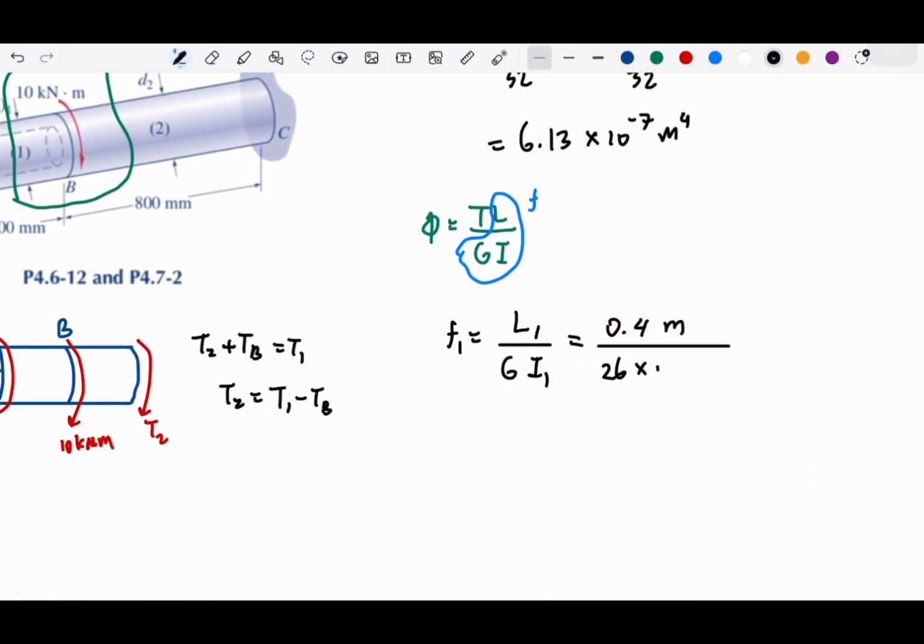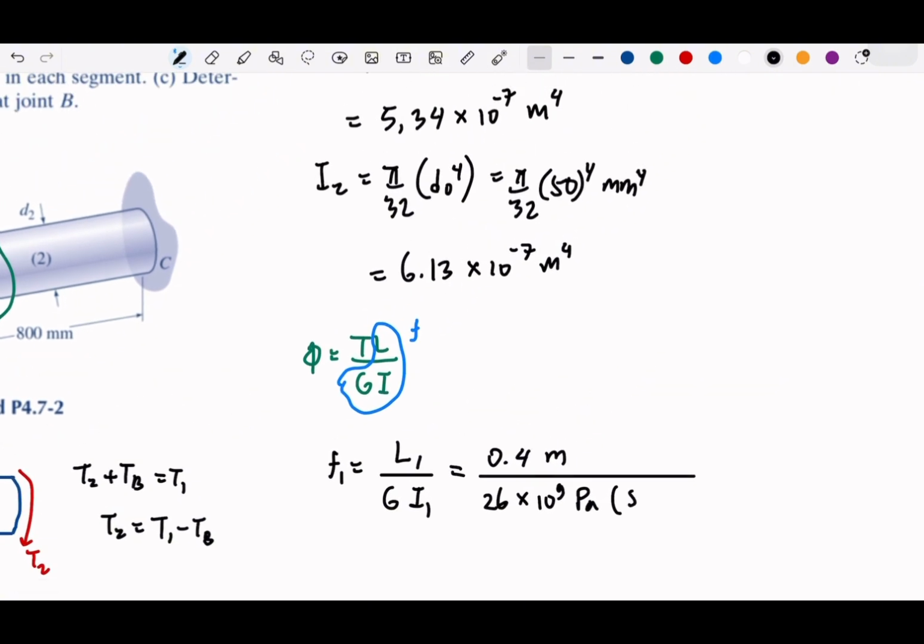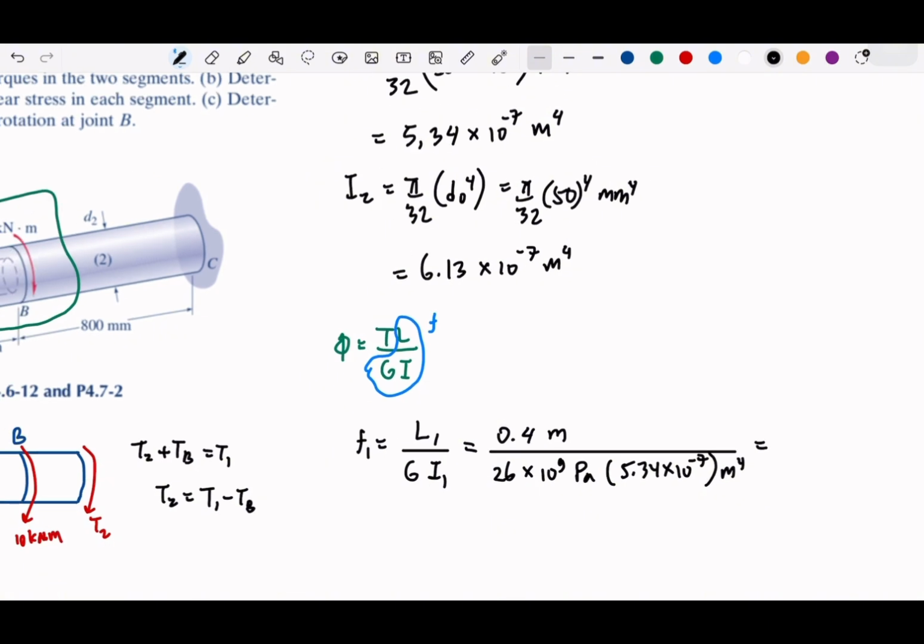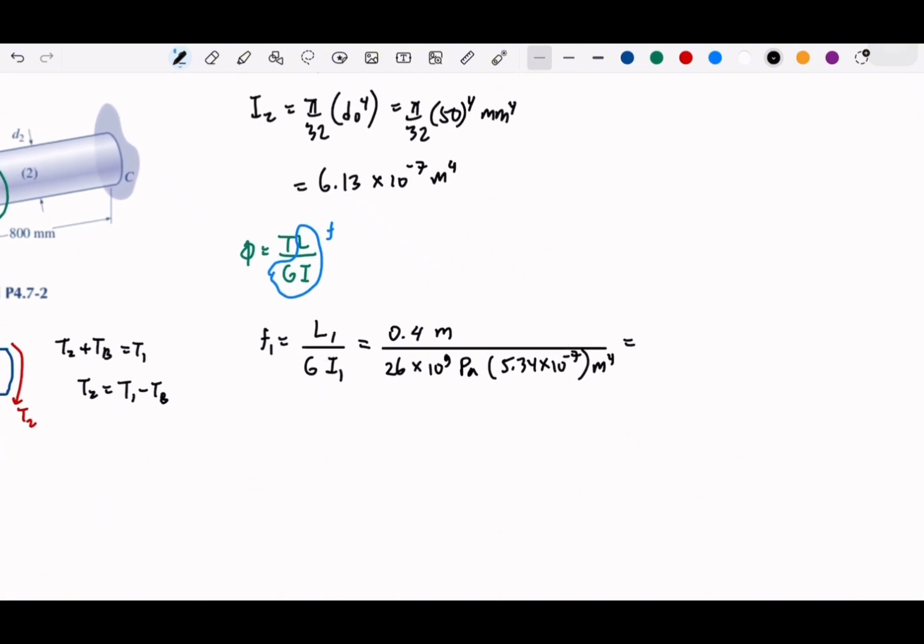I will write that, let's say multiply with Pascal, because I would like to have in a meter, easier in Pascal. And then inertia is 5. This will be equal to this number.